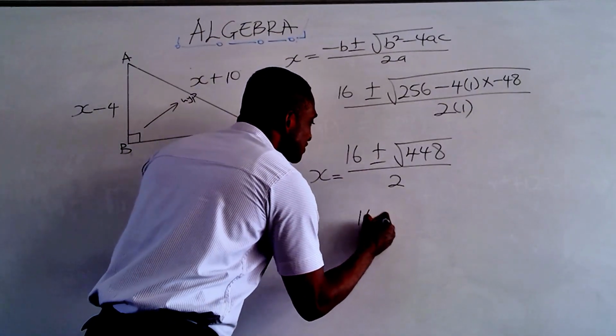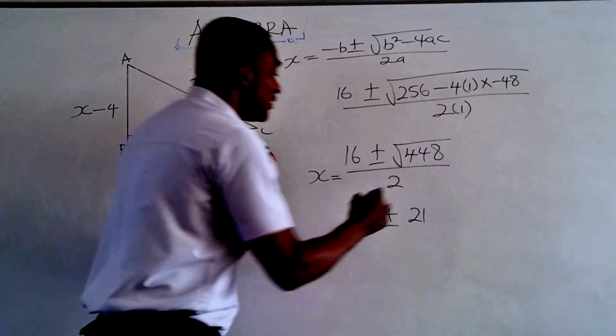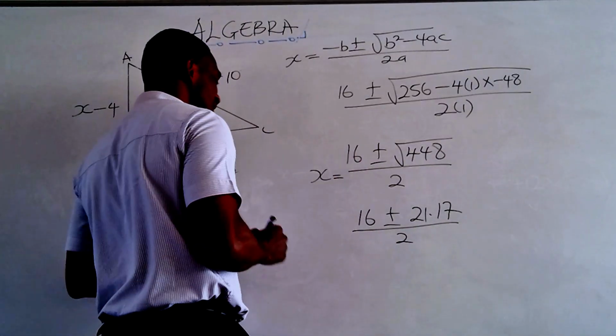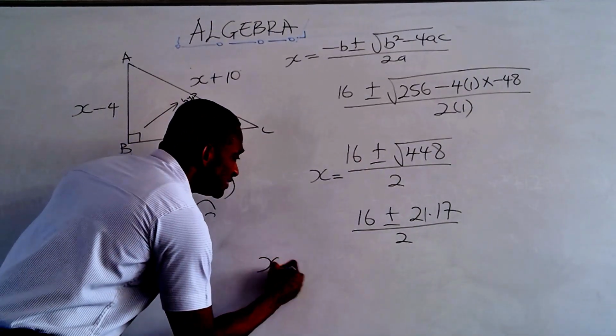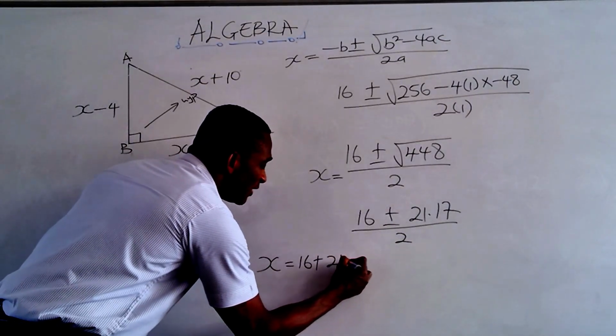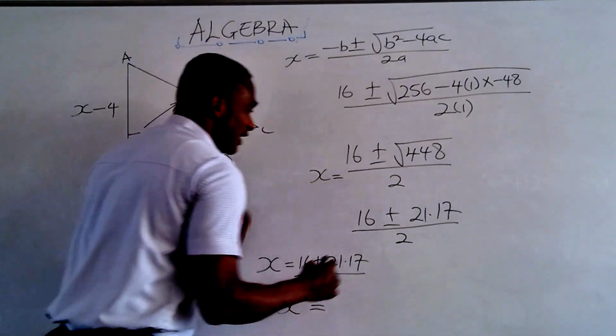So we have 16 plus or minus 21.17 all over 2. So we will have two answers. The first answer will be 16 plus 21.17 divided by 2, which will give us the value of x.